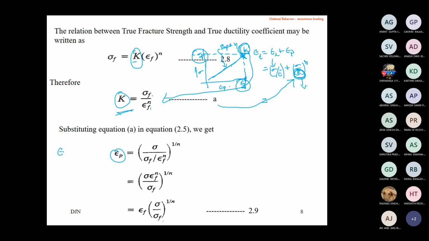They have taken epsilon P is equal to sigma by K to the power 1 by n. Here you replace the K part with this and rearrange the equation. We will get the plastic strain is nothing but a function of the true fracture ductility coefficient, or strain at fracture, corresponding to the ratio of the applied stress to the true fracture strength of the material.